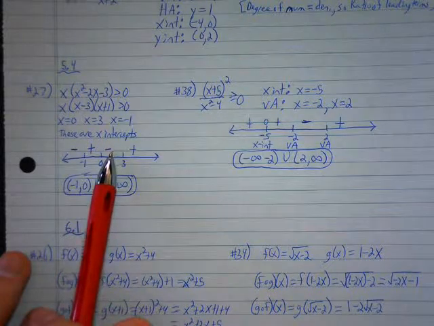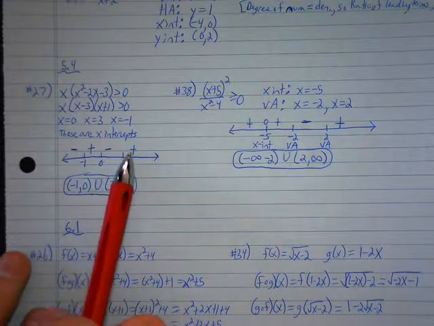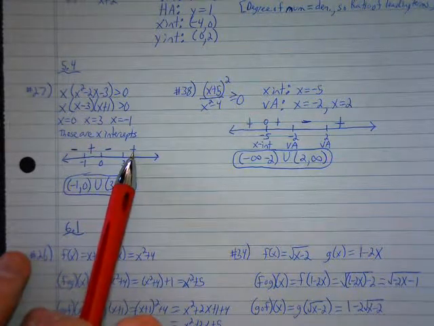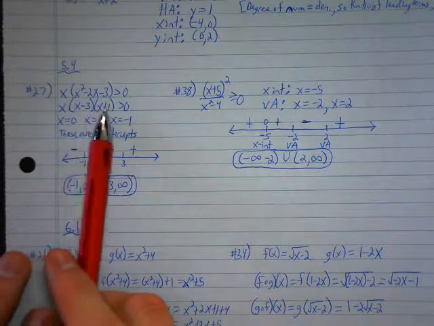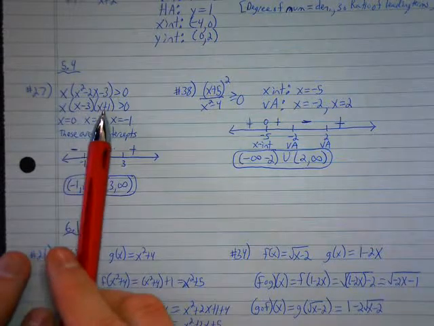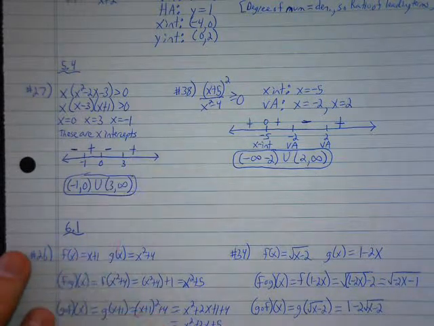And then put a number between 0 and 3, you end up with a negative answer. Plug in a number larger than 3, you get a positive. So for example, plug in 10, you'd have 10 times 7 times 11. Well, that'd be positive, positive, positive, which is a positive answer.